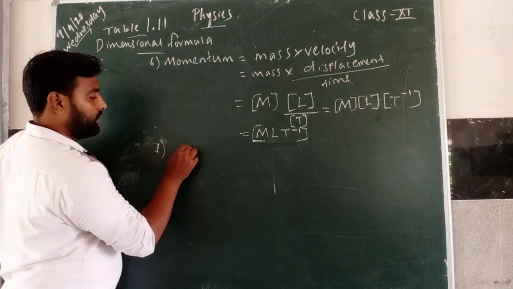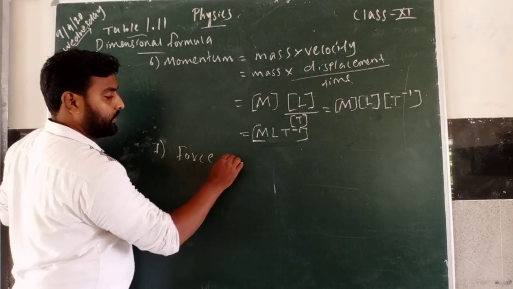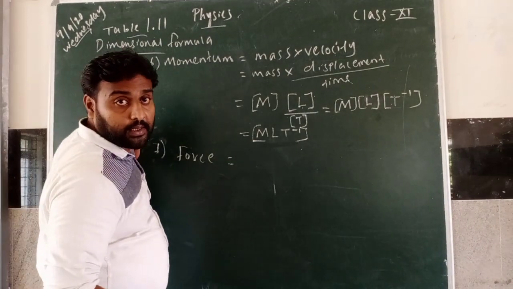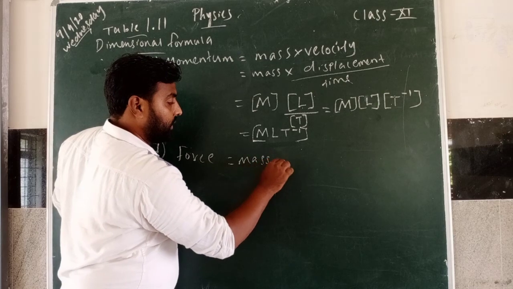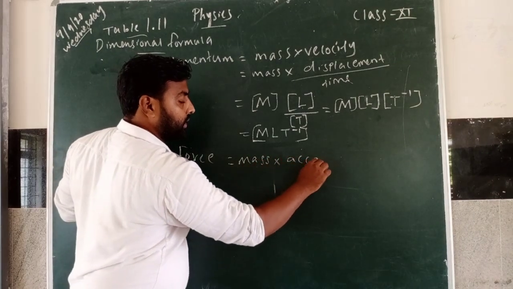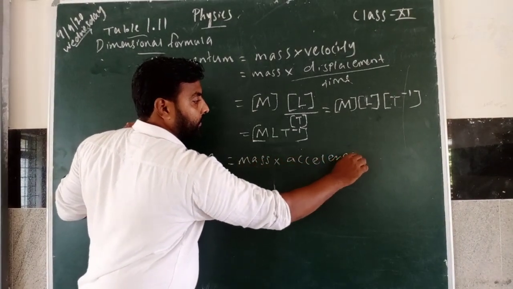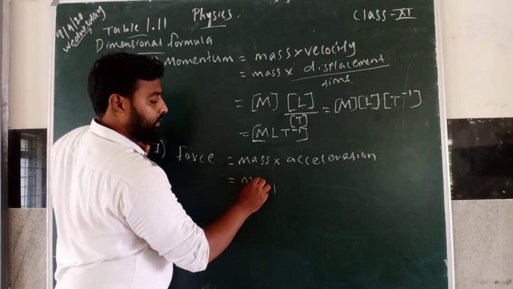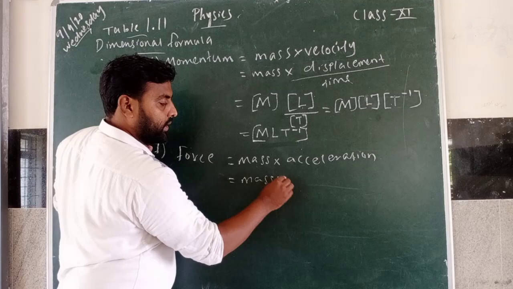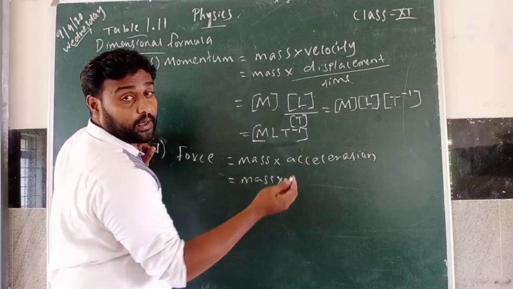So second one, force. Force formula is mass into acceleration. So mass is a base quantity. Acceleration is a derived quantity. What is the formula?